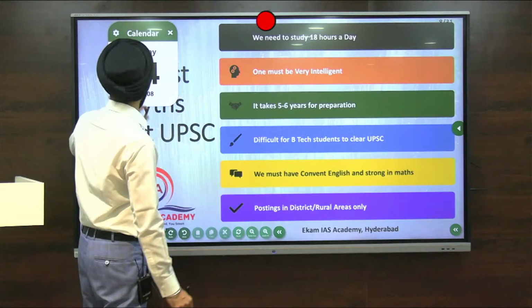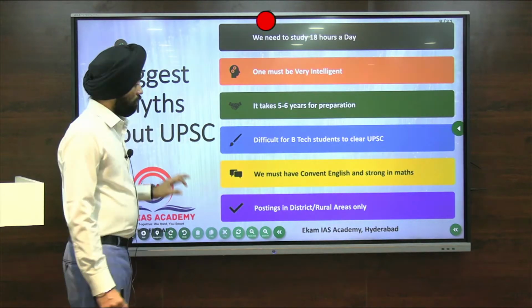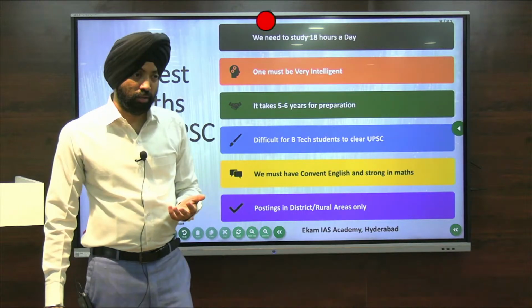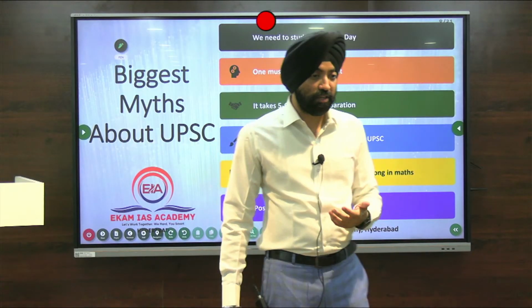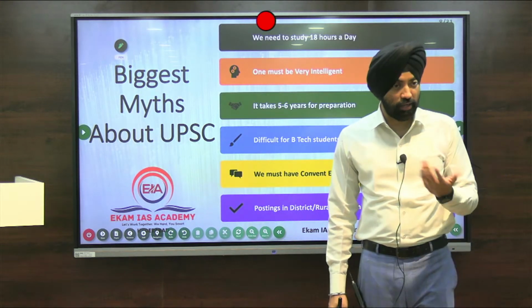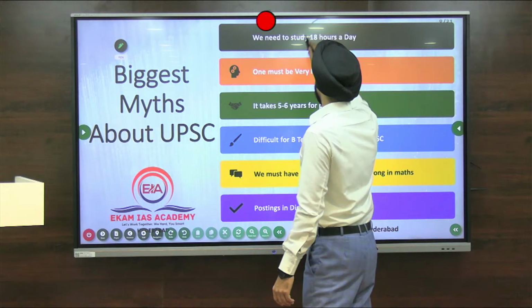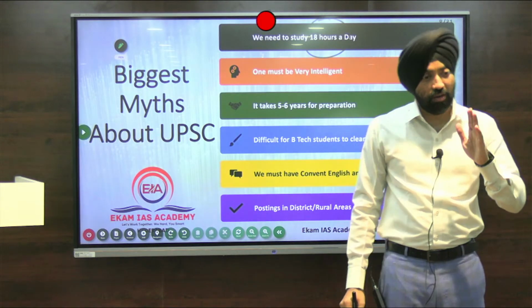Now, when we talk about UPSC, there are a lot of myths concerning UPSC. The biggest myth is that the students who have passed say that they studied 18 hours a day. Believe you me, this is a wrong statement.